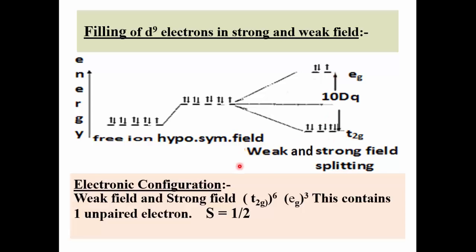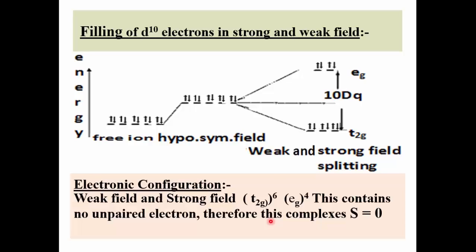So the electronic configuration in both fields is t2g6 eg3, which contains only one unpaired electron, this one. So one unpaired electron is present and therefore the value of spin is half.